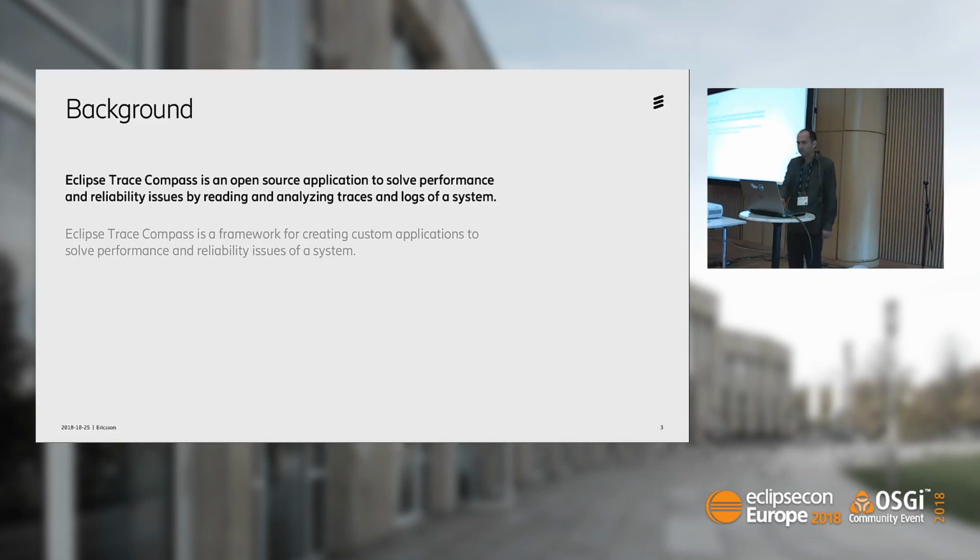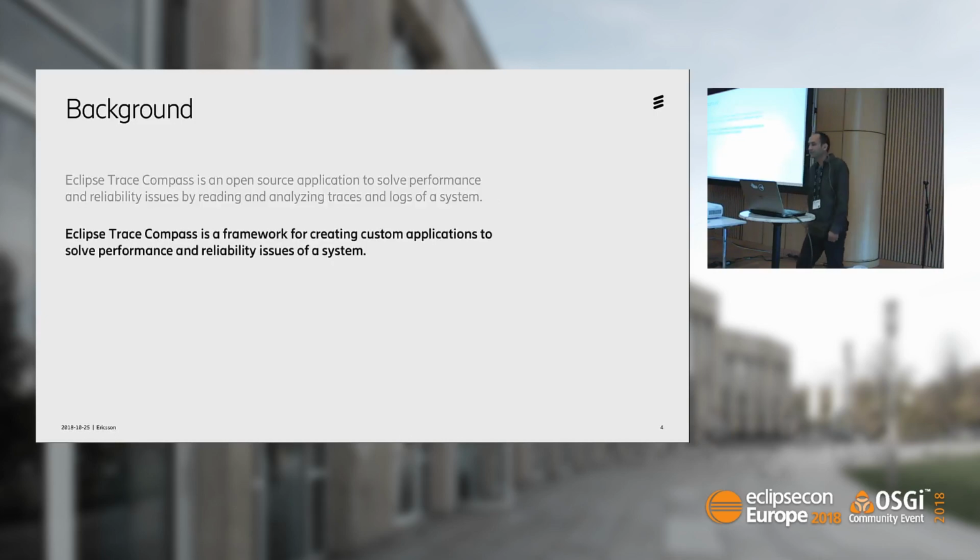It also provides a framework for creating custom applications to solve performance and reliability issues of a system. So if the tool that is freely downloadable from the project does not fit the bill, you can customize it, create your own extensions and make it available for your users.